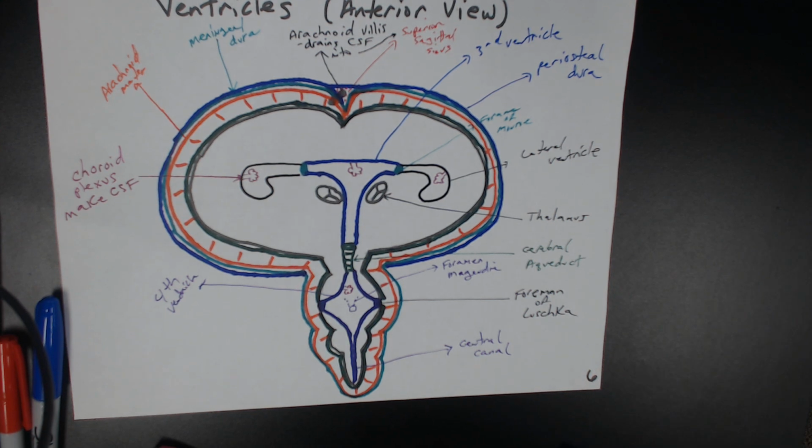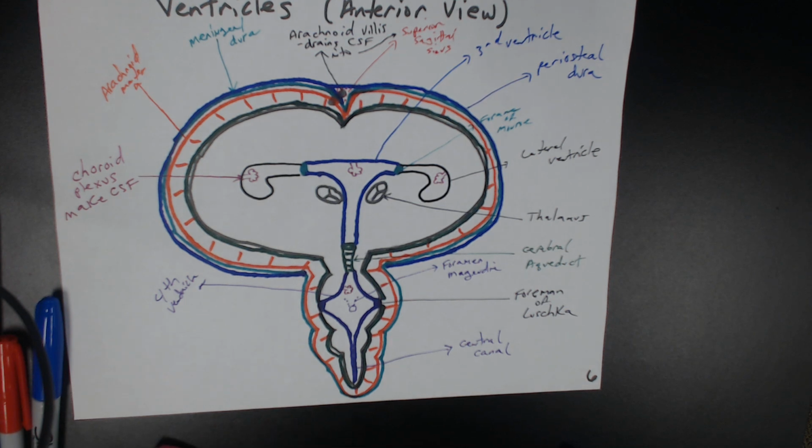It fills all the ventricles, is drained into the subarachnoid space via the foramen of Luschka and the foramen of Magendie, and it's drained from the subarachnoid space into the superior sagittal sinus by something known as the arachnoid villus. And like I said, CSF is continually being produced and drained to the superior sagittal sinus.